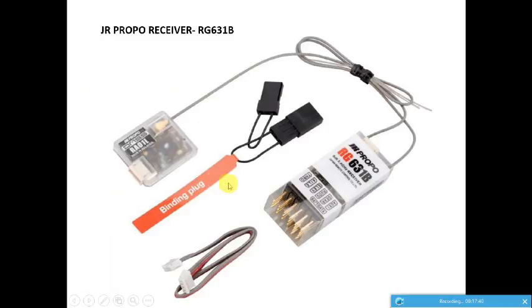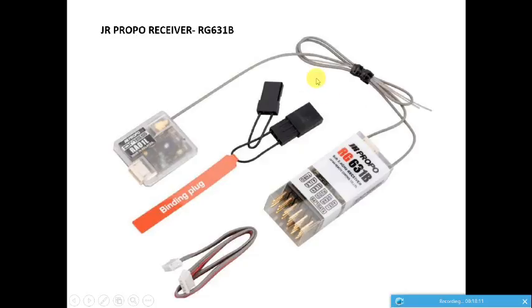Okay. These are the JR proper receiver components. You have a receiver with DMSS and a long range antenna. These are the antenna wires which you need to keep out of the aircraft model, so that they are clearly in line with the transmitter antenna. These are the binding plugs which are used to bind the transmitter and receiver.